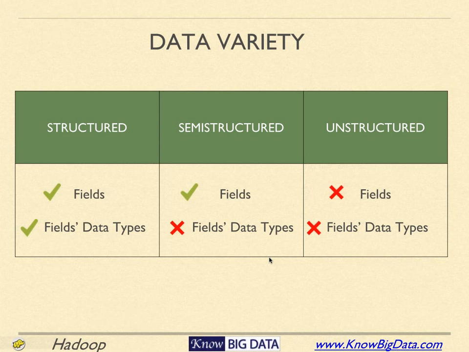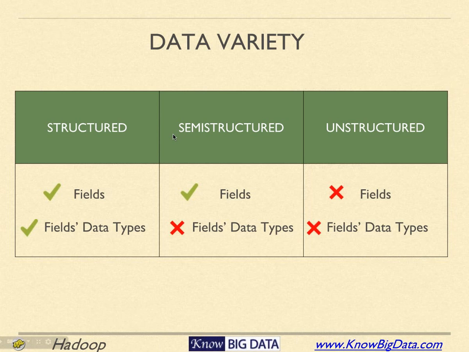Next is the unstructured data. Unstructured data is something in which we know neither what the fields in the input are, nor what the data types are. Of course, we wouldn't know the data types if we don't even know the fields. For example, an Apache log contains only raw data.